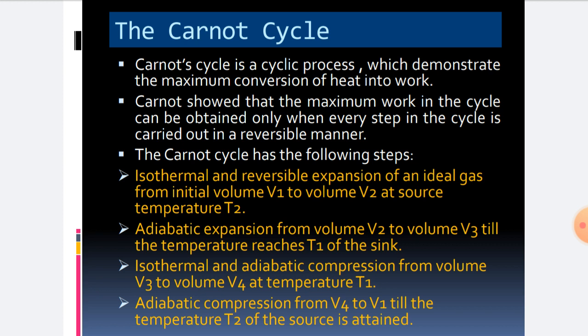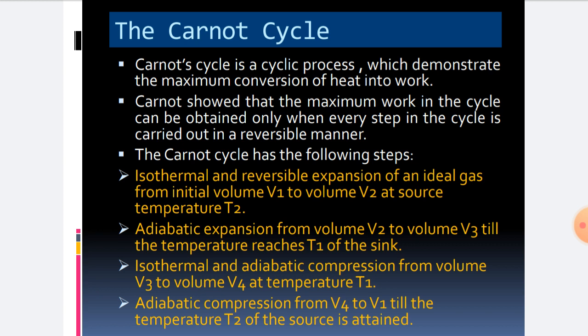which can be represented graphically as a relation between any two state functions such as pressure, temperature, enthalpy, temperature, and internal energy or temperature. The Carnot cycle has the following steps. First, isothermal and reversible expansion of an ideal gas from initial volume V1 to volume V2 at source temperature T2.